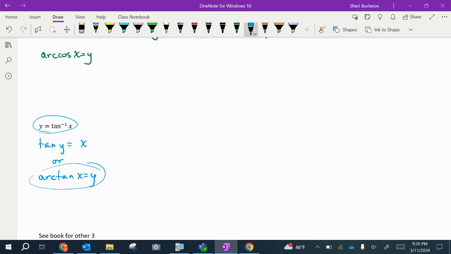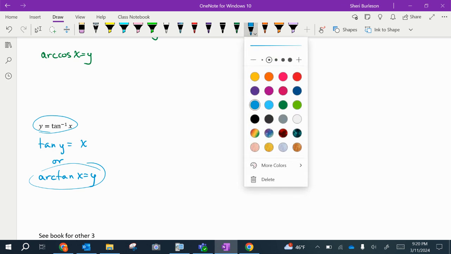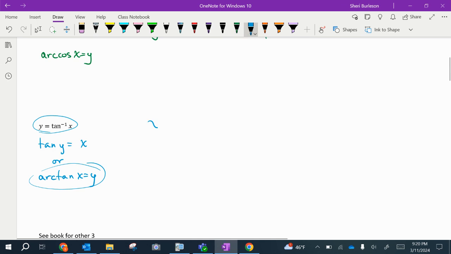So my x values for tangent, the ratios, can be any number.